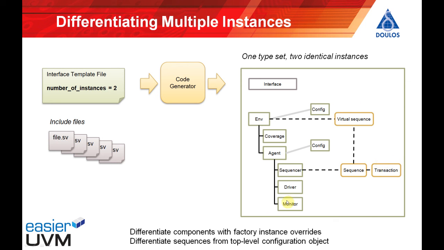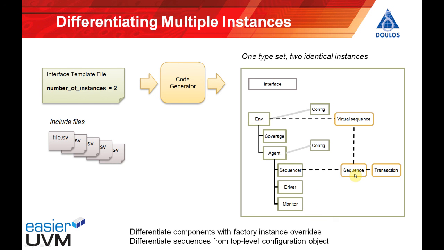So in the case of UVM components, we can always differentiate the behaviour and structure at runtime by setting factory instance overrides. So within your UVM test or your top-level UVM env, you can set a UVM factory instance override controlled by the template files, and then have that replace one instance by another to customise its behaviour. That's in the case of components.